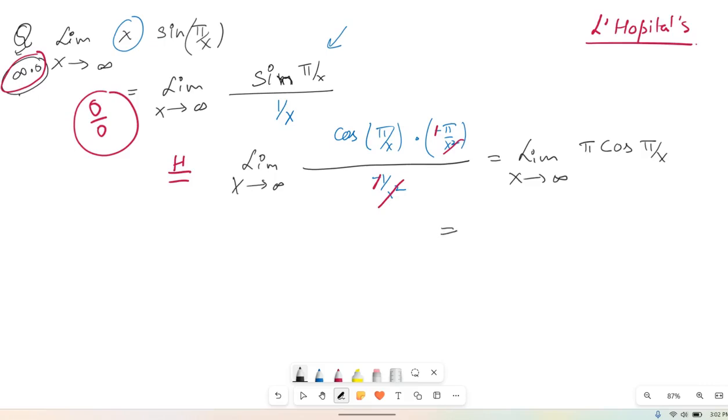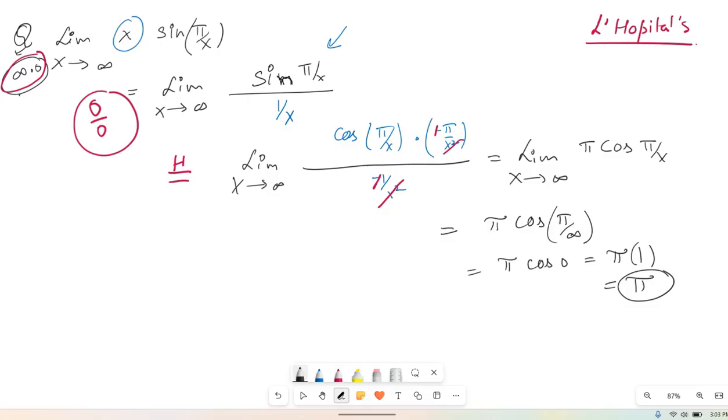Now if I try to plug in infinity, that will be cosine pi by infinity. Pi by infinity basically is 0. Pi times cosine 0. Cosine 0 is 1. So the answer should be pi. Please remember, I'm not really plugging in infinity. We are just saying as x approaches infinity, this approaches cosine pi by infinity.